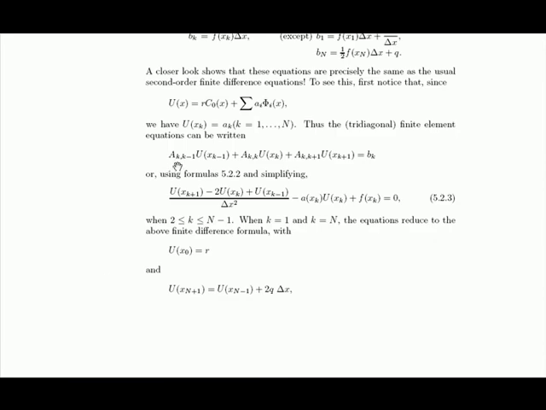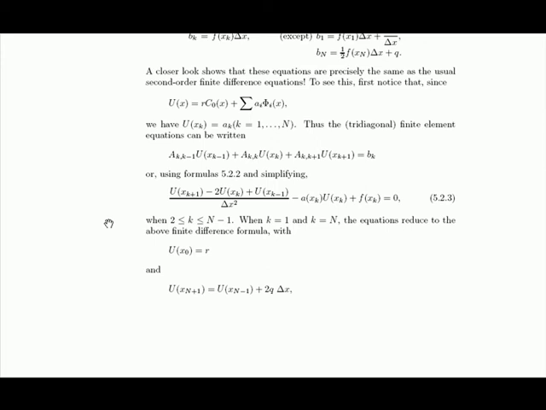After we calculate all the components of the matrix A, and remember for each K, only 3 of them in each equation are going to be non-zero, and we calculate formulas for the BK, we end up with exactly the finite difference equations that we derived way back in chapter 1.